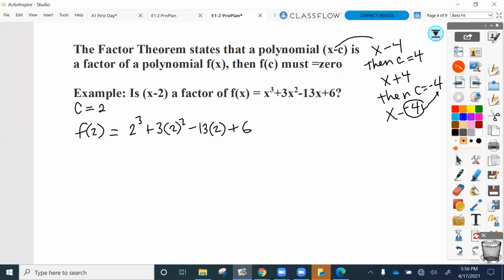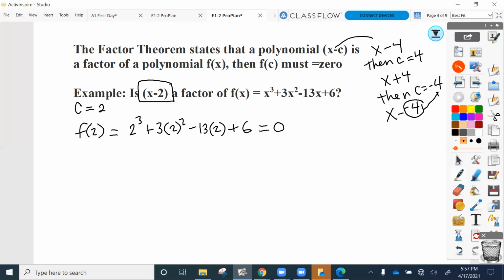Now, because when we put this in our calculator we get 0, then according to the factor theorem, a polynomial with the binomial, we're talking about this binomial here, right? It has to be a factor of the polynomial if when you put it into the original f of x function, you get a 0 out.